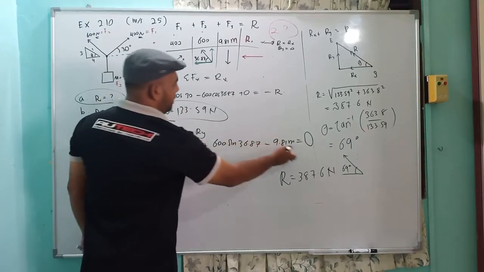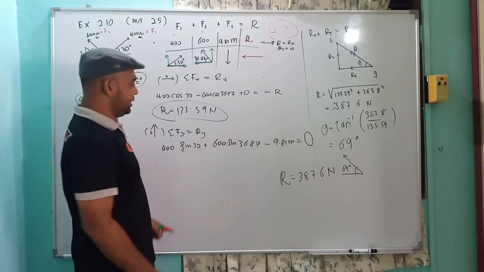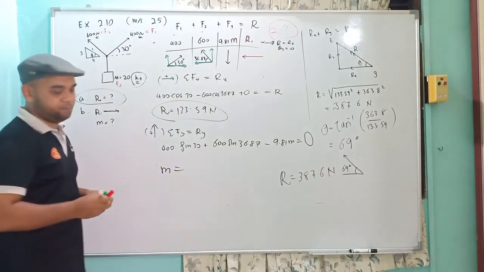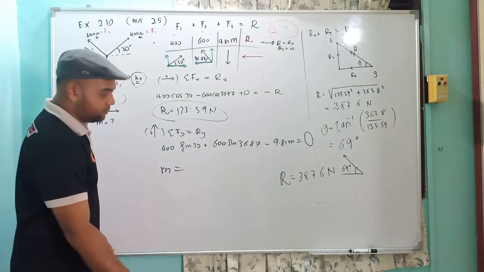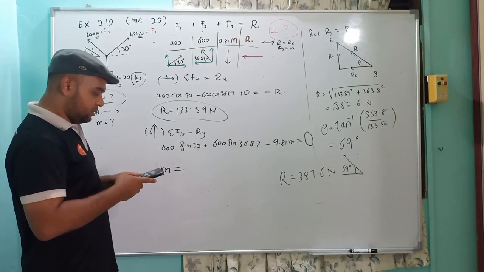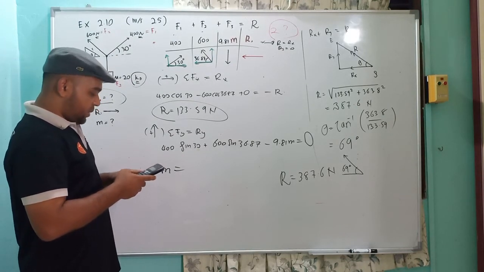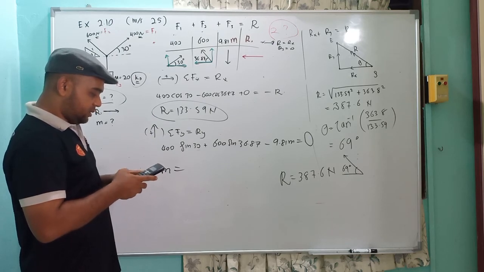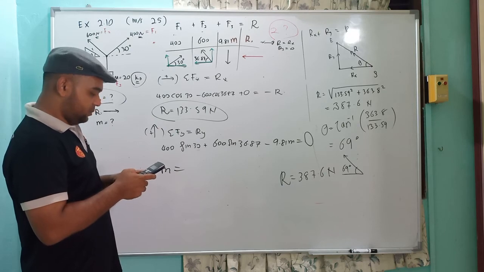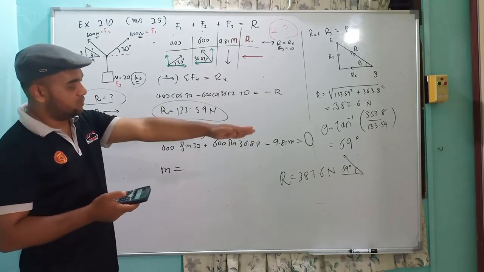Okay, so you put 9.81 M in that direction, so you have this one, M equal to 400 sin 30 plus 600 sin 36.87, this one is positive.